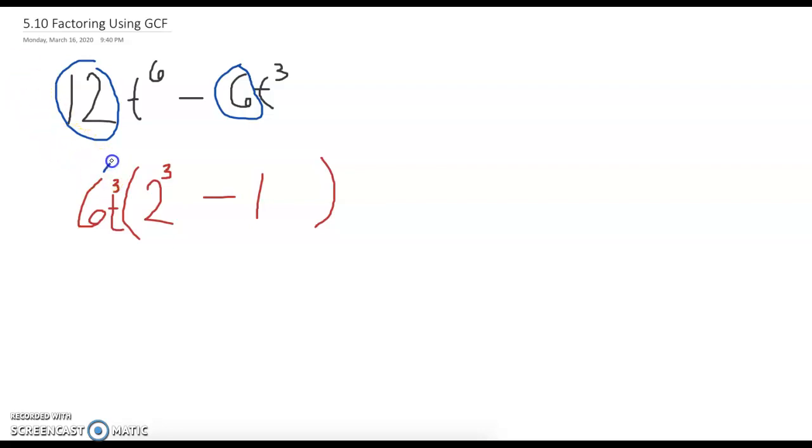And I'll show you what it will look like if we were to distribute. We would have negative 6t cubed.